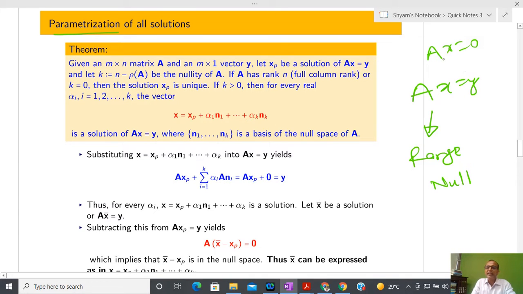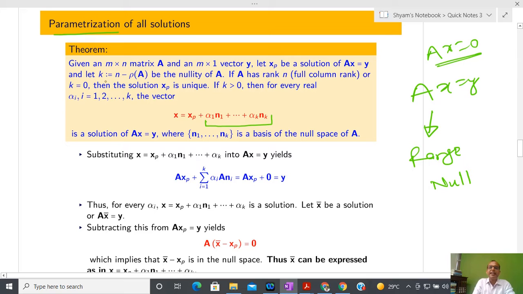So you have some solution that is associated with this, and after that you have to parallelly shift the solution. Due to that reason, one interpretation is that the Ax equals 0 solution is nothing but the space generated by all the null vectors. So I have n1 to nk null vectors.